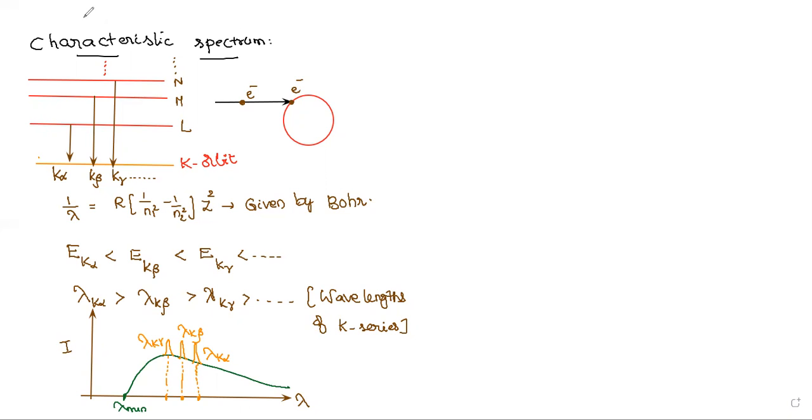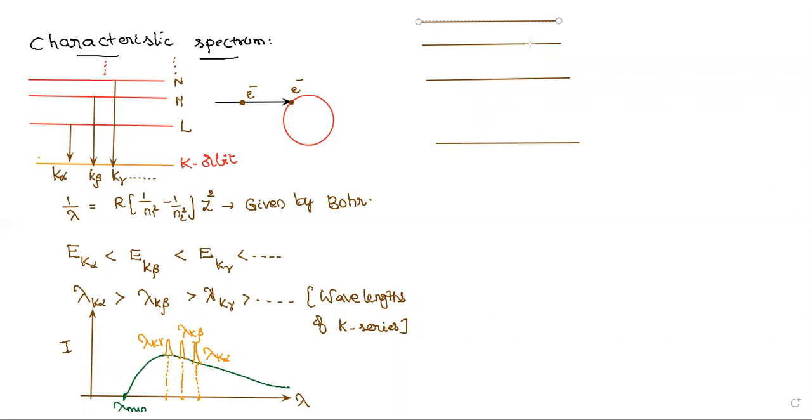Next we discuss, like in the hydrogen spectrum, the L series, meaning Balmer series, particularly in a hydrogen atom. Since it is not a hydrogen atom, we should not call them Lyman series, Balmer series, Paschen series and so on. That's why we are giving different names here. Instead of Lyman series, I called it the K series. I think you understood.